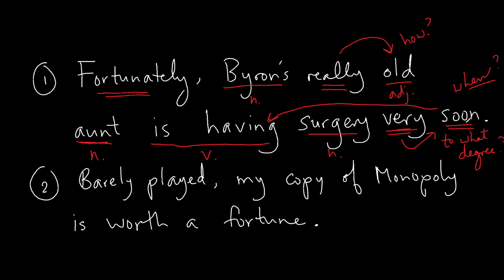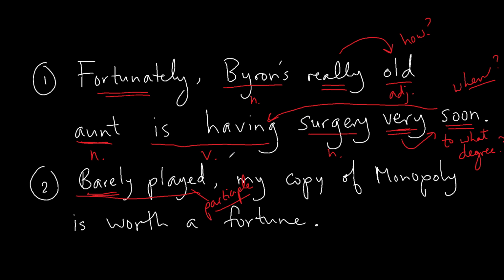"Barely played, my copy of Monopoly is worth a fortune." And we're going to look just at the first example here, barely played, the first bit of the sentence, because played is a past participle. So this is a participle, and we know that participles are verbals. So as we said before, you can modify verbals also with adverbs, and in this case the adverb is barely.